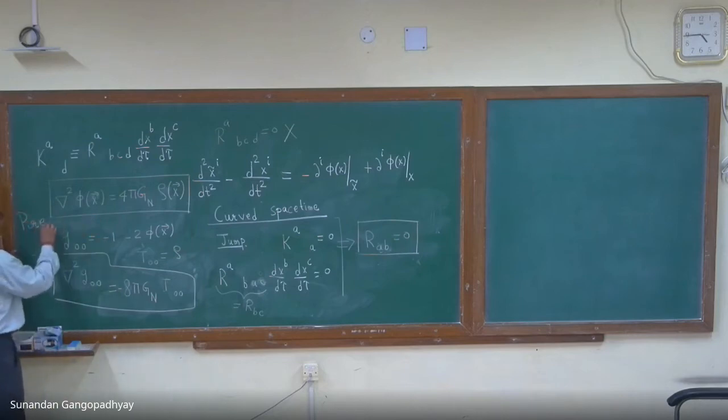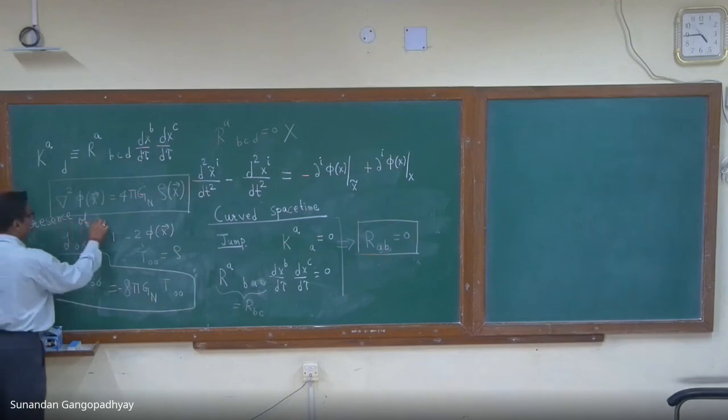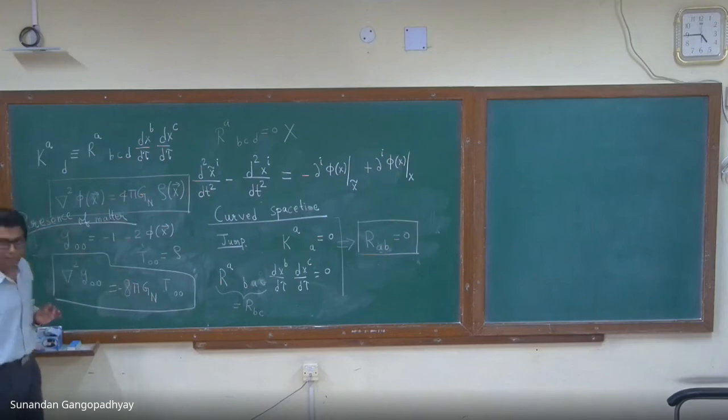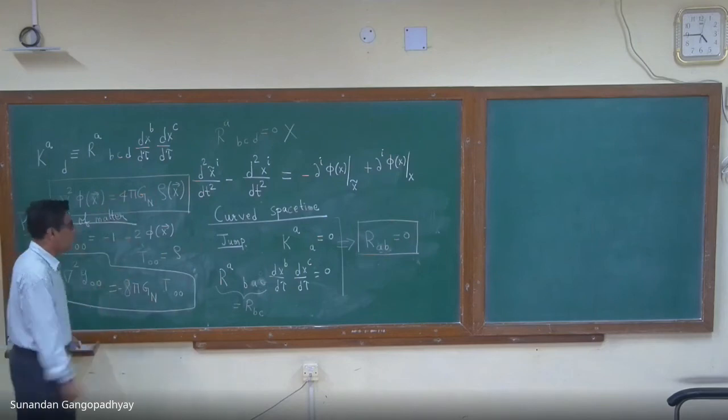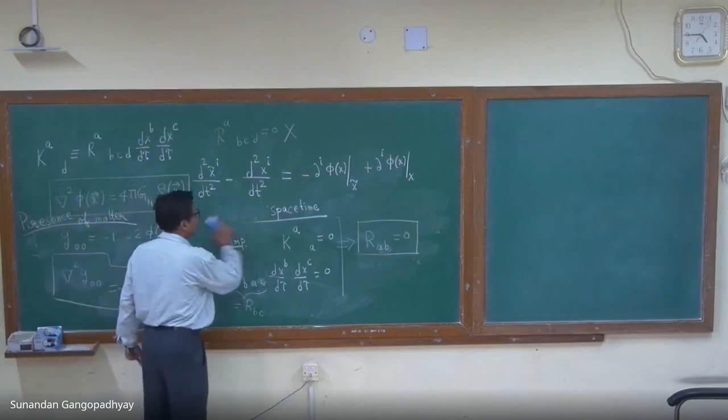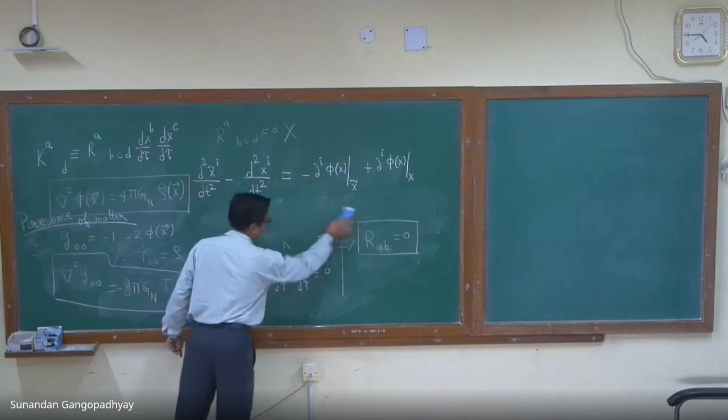The earlier thing that we discussed was in empty space. So let me write down here that this is the equation in the presence of matter. And our aim is now to find an equation which is valid in the presence of matter in curved spacetime.